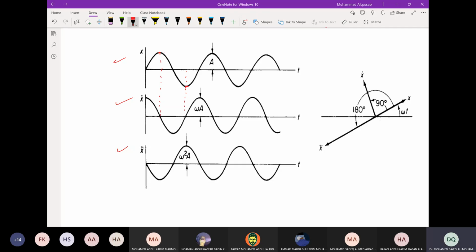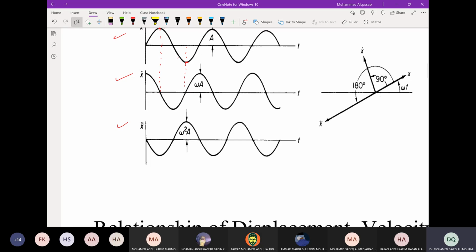And there is a phase shift. So this wave and this wave are the same, except that this is moving 90 degrees ahead, or it is occurring at 90 degrees before x. So x dot, okay, is starting from here, right, which is cosine. So this is 90 degrees difference. So this is why it is leading.